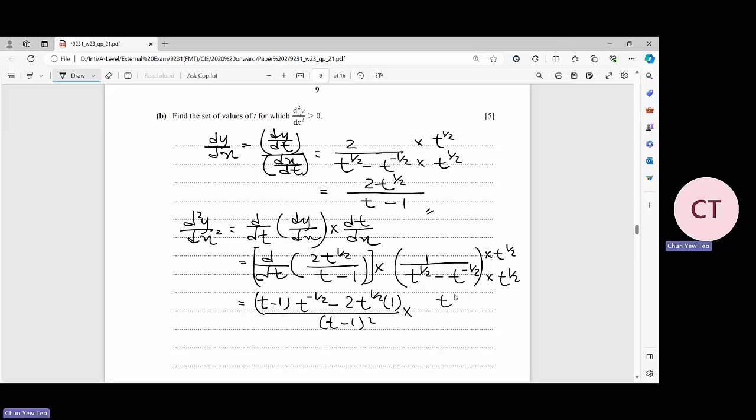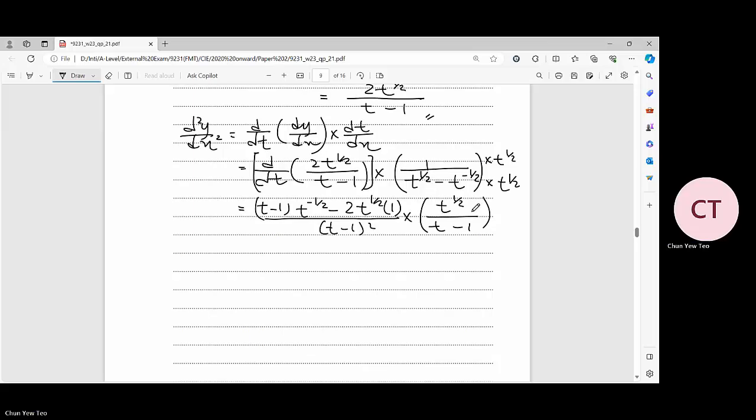So this one I get t to the power of half, t minus 1. Then expand and simplify. You will get negative (t to the power of half minus t to the power of negative half) over (t minus 1) squared.